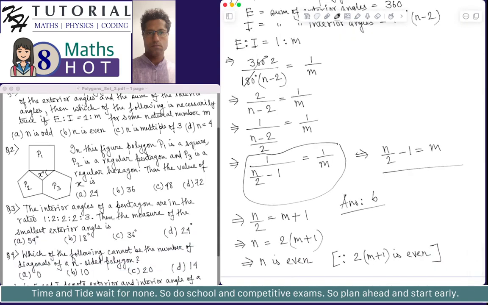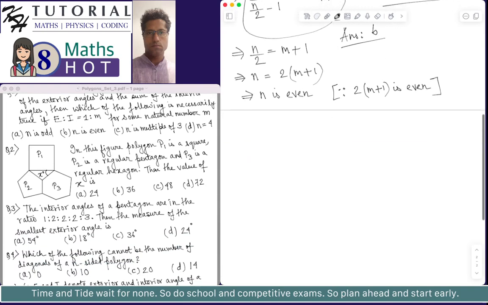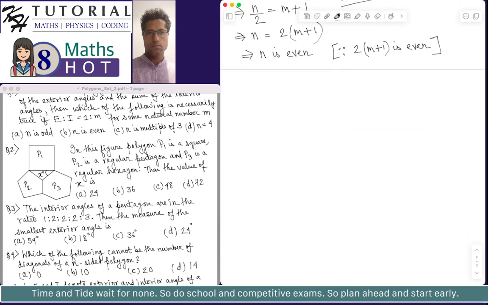Okay, let's do problem number 2. There is a figure. In this figure, polygon P1 is a square. I'm not drawing the figure, I hope you can relate my solution with the figure in the PDF. P1 is a square, P2 is a regular pentagon.